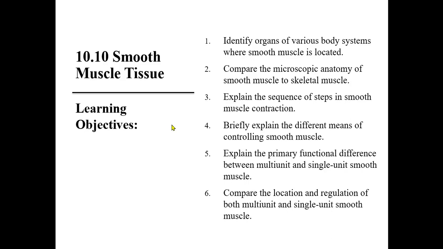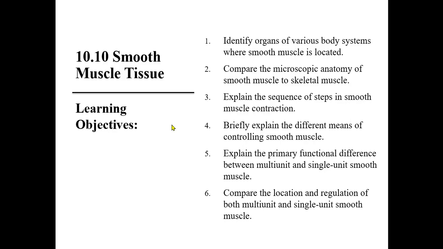In your lungs, you have smooth muscles for your airways. Your blood vessels have smooth muscles because they're moving a liquid, blood. Your digestive tract has smooth muscles to move food down.